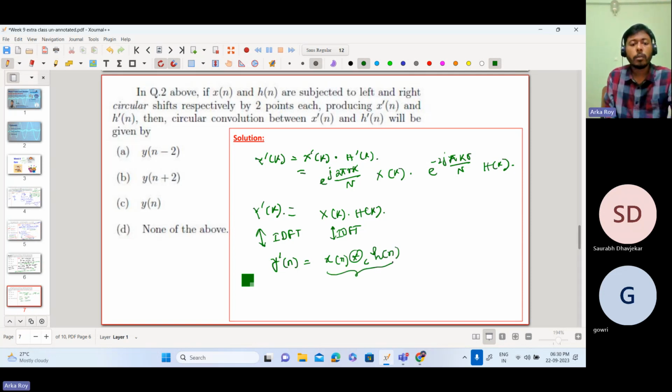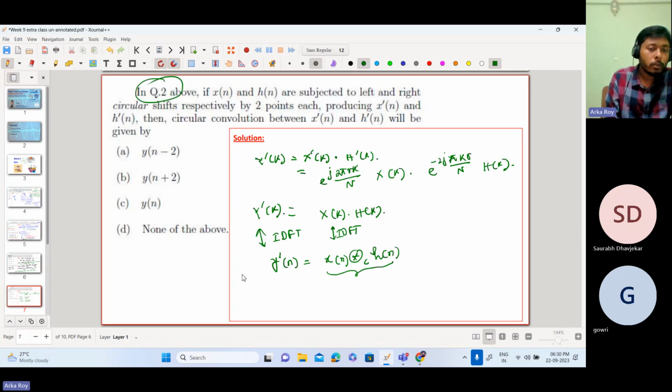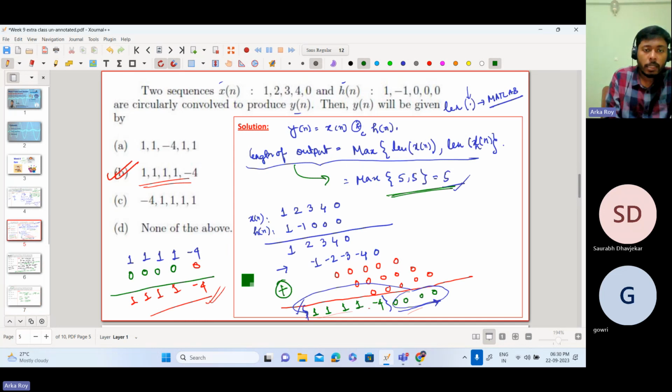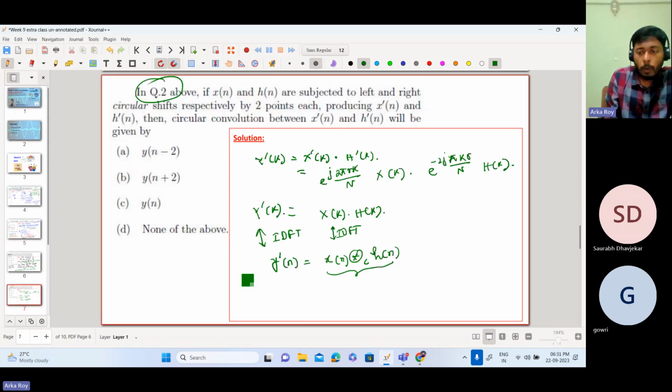In the last question, they are referring to question 2. So let me go back to question 2. In question 2, it has been stated that two sequences x[n] and h[n] are circularly convolved to produce y[n]. So y[n] is basically the circular convolution between x[n] and h[n].